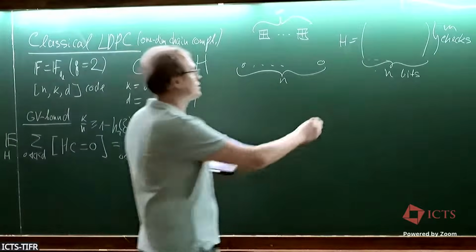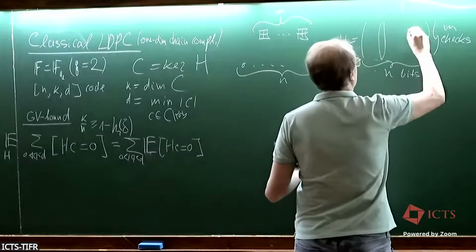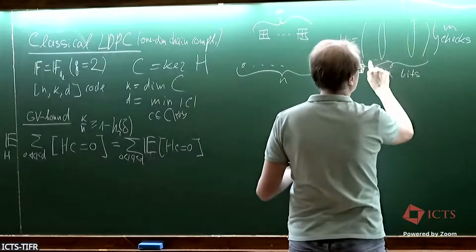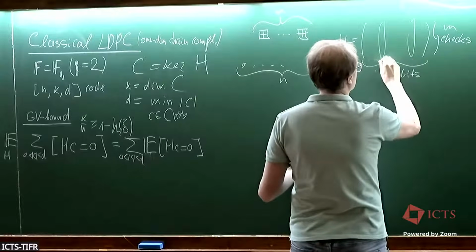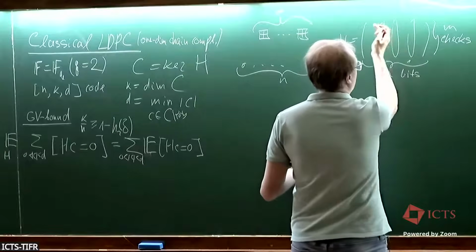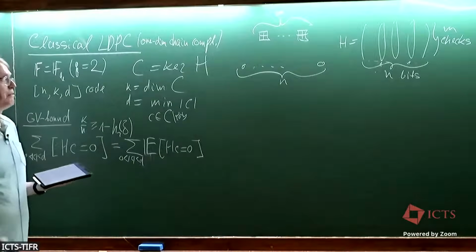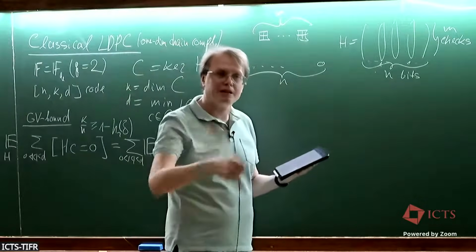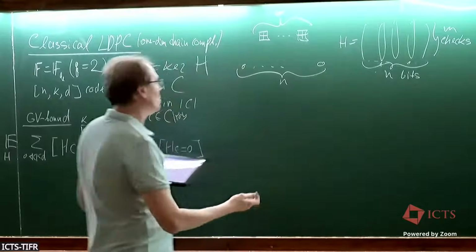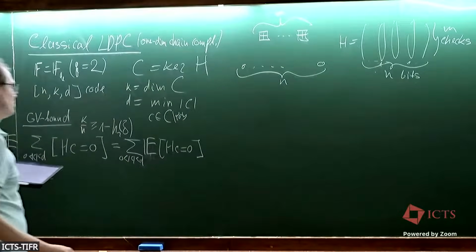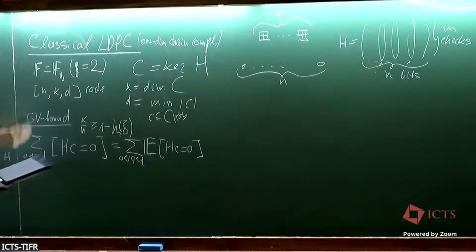We have ones in c, and we just add some columns of this matrix. But since this matrix is uniformly random, when we add all these random columns, we get a completely uniformly random vector.